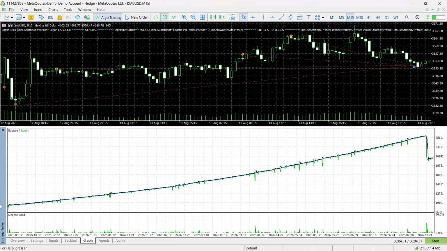Looking over at the equity curve, it climbs pretty steadily, as you can see, for most of the year with the usual small dips and peaks you expect from a recovery system. Then near the end, there's a sharp drop from around 25,000, you can see here, back down toward 20,000 before it stabilizes. That drop lines up exactly with the maximum consecutive loss and the 20% drawdown.